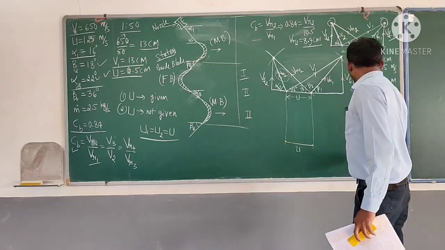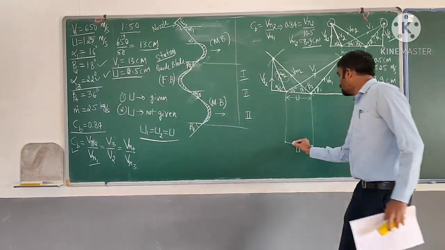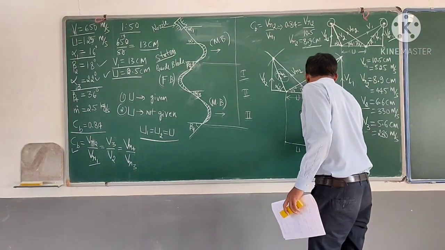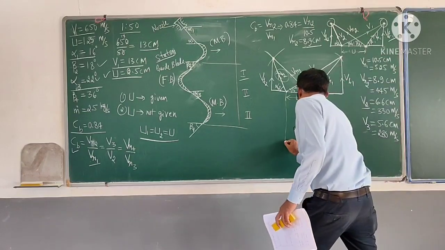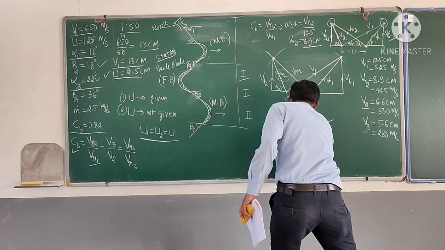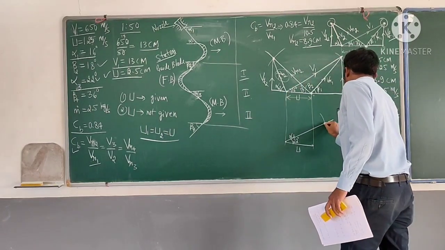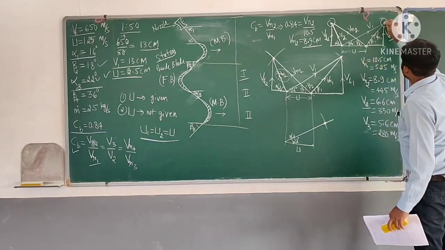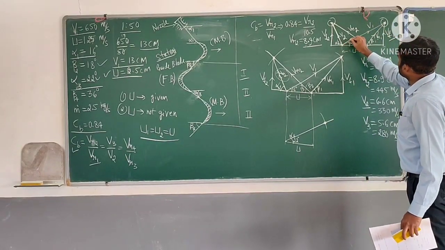From this point, I will take the compass length of 5.6 centimeters and cut the line. Then I will draw the angle of 22 degrees from this point, which is representing alpha 3. I got this point, and I have drawn this line.